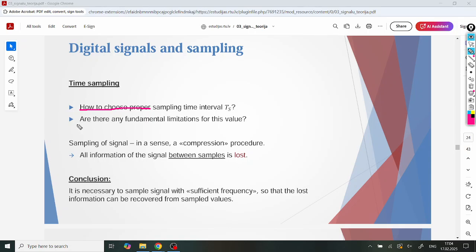And the second question, if there is any fundamental minimum limit that you have to choose for the system to work okay, because obviously, I have this signal, and if I were just to choose one sample, like so, it would not be enough to be able to reconstruct from this point this entire signal afterwards.